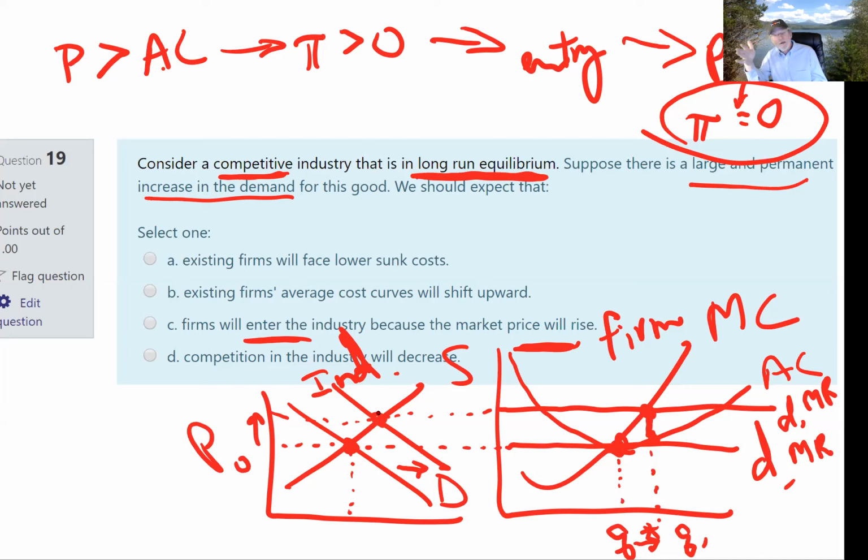Ultimately, as these new firms enter, the supply would shift to the right and the price would go back down. If it's a constant cost industry, it would go all the way back down to the original price. If it's an increasing cost industry, then the price would not go all the way back to where it started.